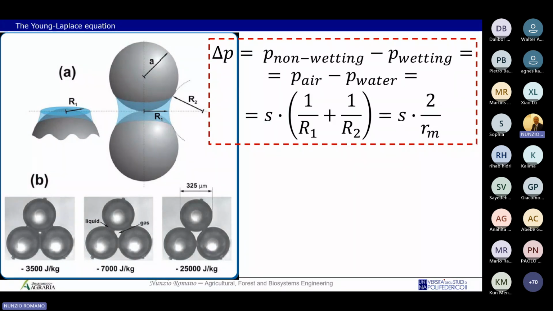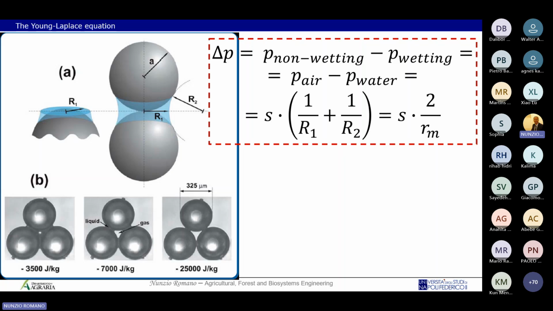In this equation, I think from the picture it is clear who R1 and R2 are, the radii of curvature of the meniscus, and you can also write this in terms of the average radius of curvature.